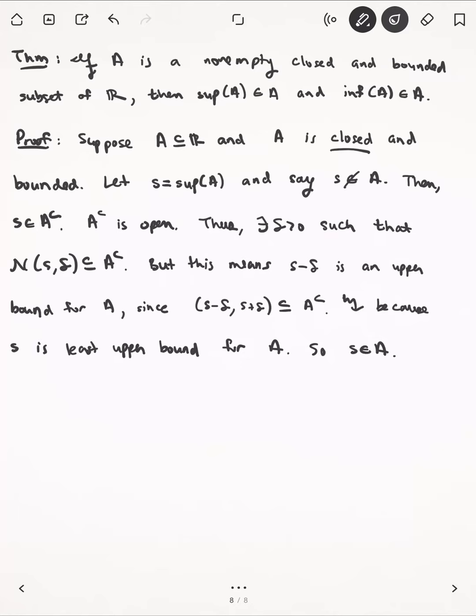So let's just see some examples of this. If I let A equal 2 to 5, this is closed and bounded.